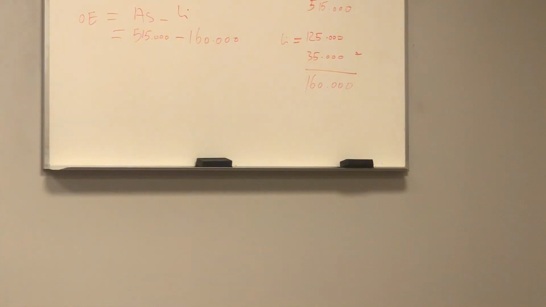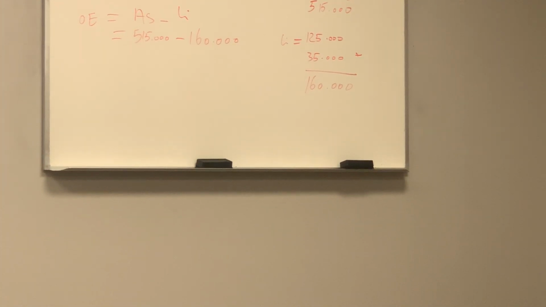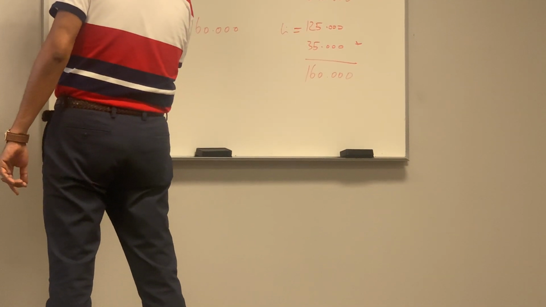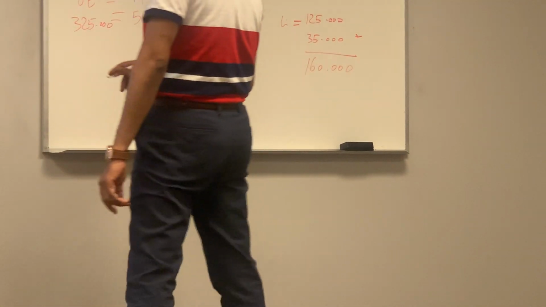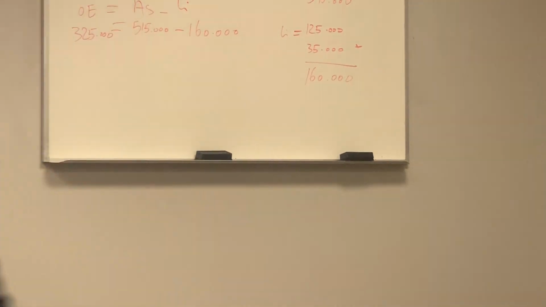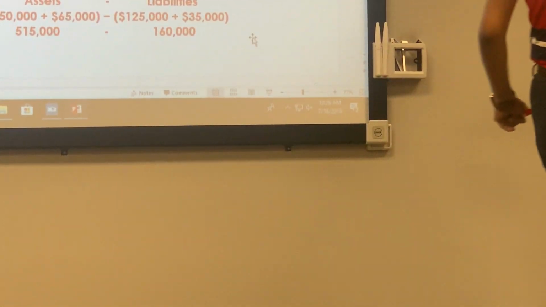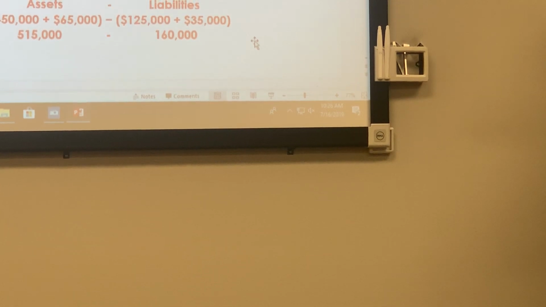Owner equity is $325,000. Oops. Wait a minute, that isn't right. Oh, this is the current year. We're good. Yeah, this is right. There we go. It's $355,000.